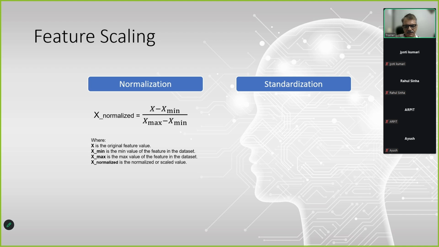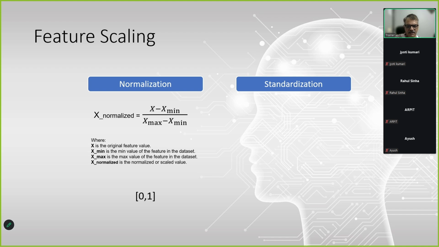So every single value in a column is adjusted in this way, and you will end up with a new, adjusted column with values which are all between 0 and 1.